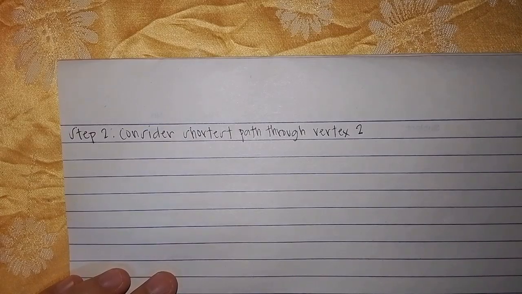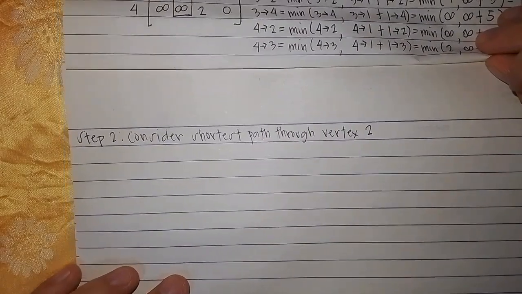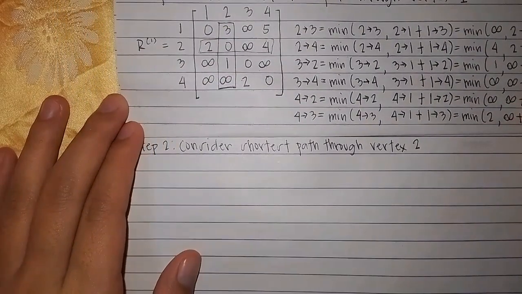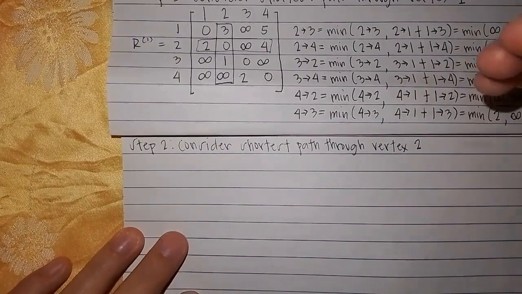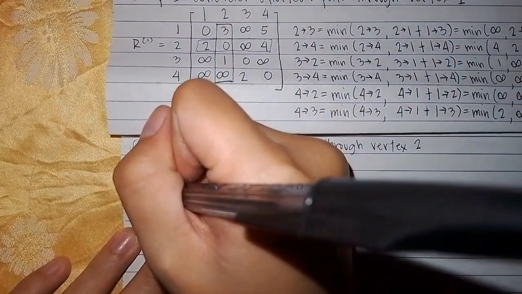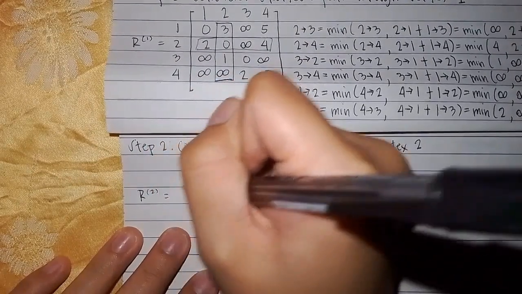Step 2. Consider shortest path through vertex 2. So we need to consider the matrix of R of 1. This is the new matrix we found in step 1. And the new matrix that we need to find is R of 2.